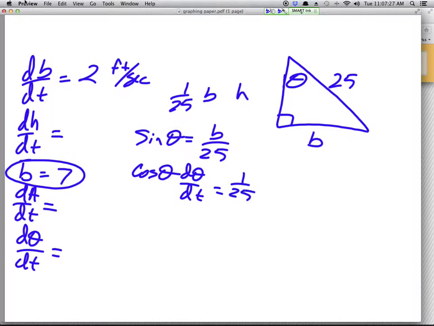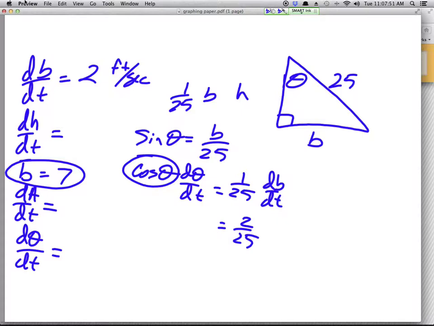1/25 times dB over dt. We know that dB over dt is 2, so this is 2 over 25. The only thing we need to figure out is the cosine. What's the definition of cosine? Adjacent over hypotenuse.